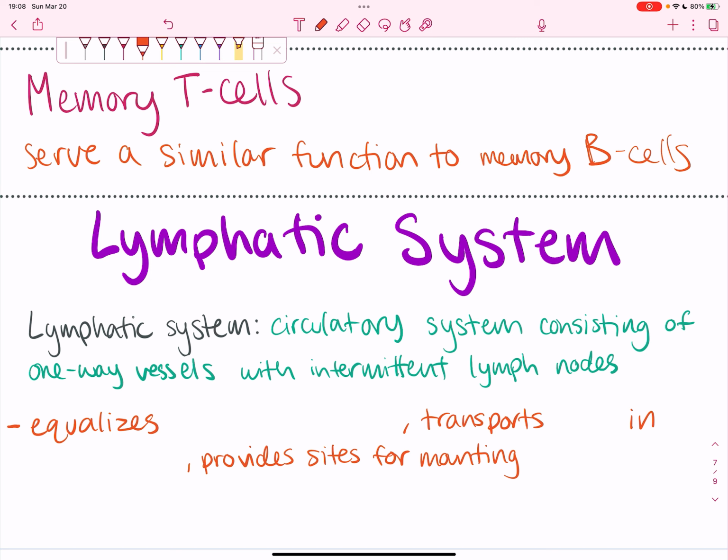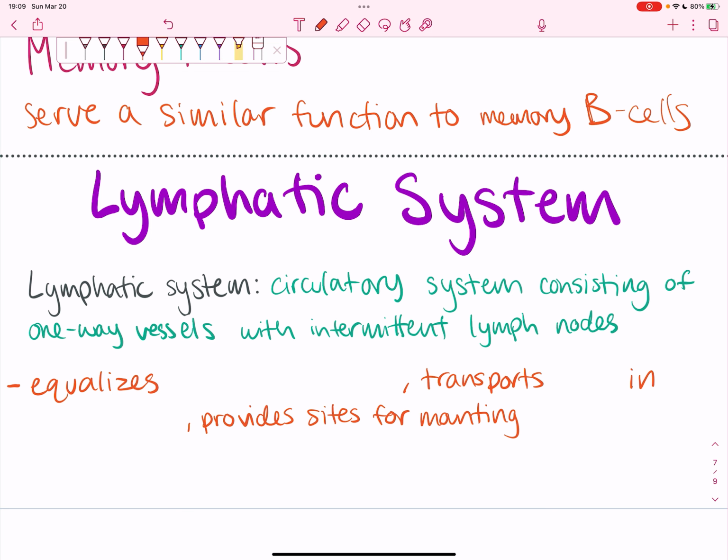So the lymphatic system, it equalizes fluid distribution.